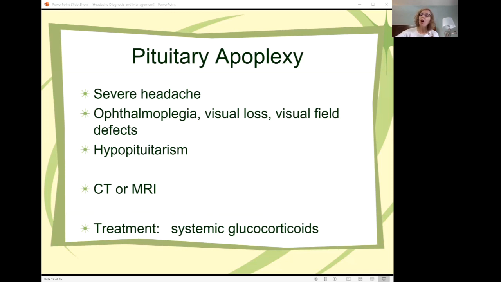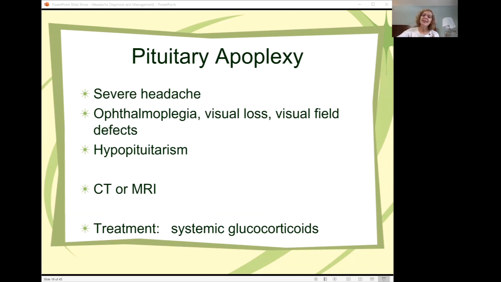This is more common in pregnancy because there is a 139% increase in the size of the pituitary gland during pregnancy. The headache is severe and sudden, similar to what you would get with a subarachnoid hemorrhage.